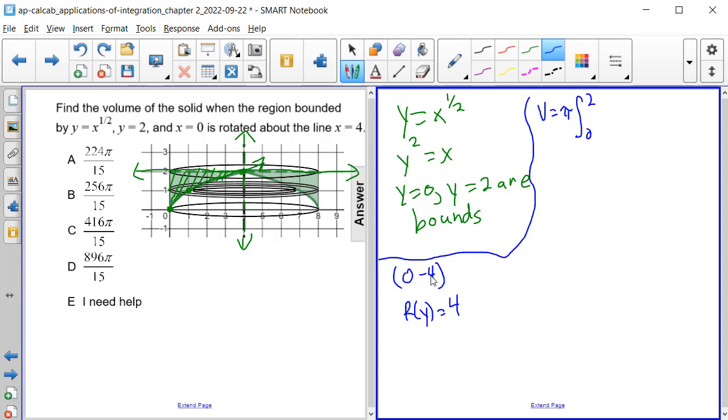So you could either use 0 minus 4 and square it, or you could just do 4 squared. They will both give you the same answer here, mainly because we are squaring.